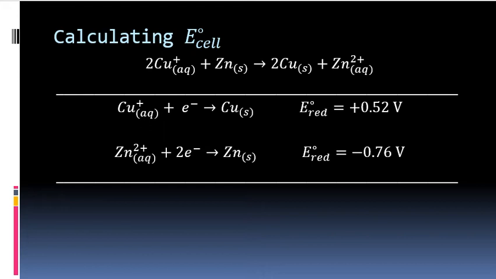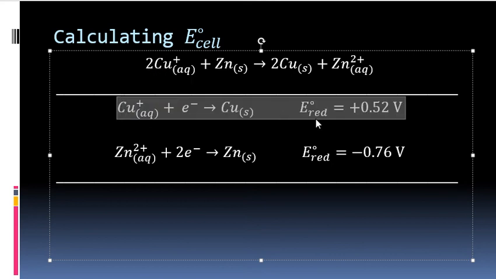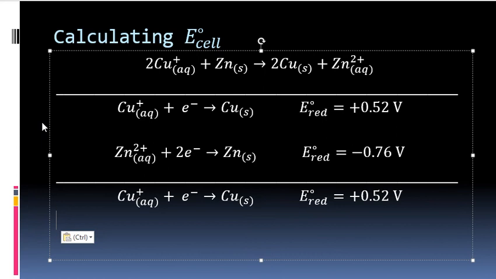So to calculate the standard cell potential for that entire setup, we're going to need to play around with our two half reactions. The one that we do have is copper 1 plus reacting with one electron to form solid or neutral copper. To represent this properly, we have to notice that our actual main reaction uses 2 moles of copper.